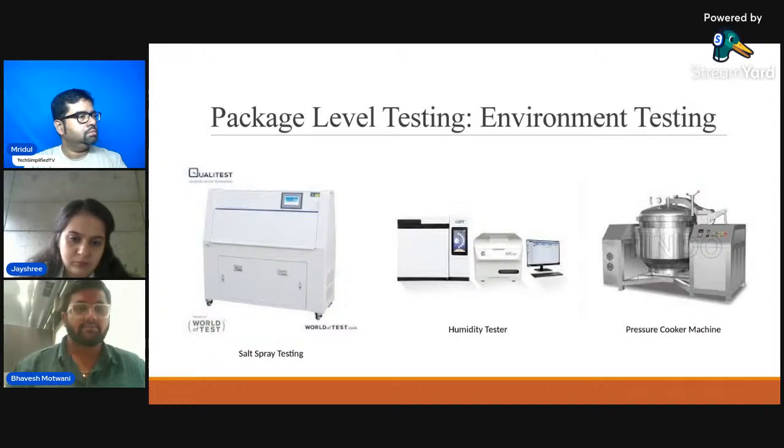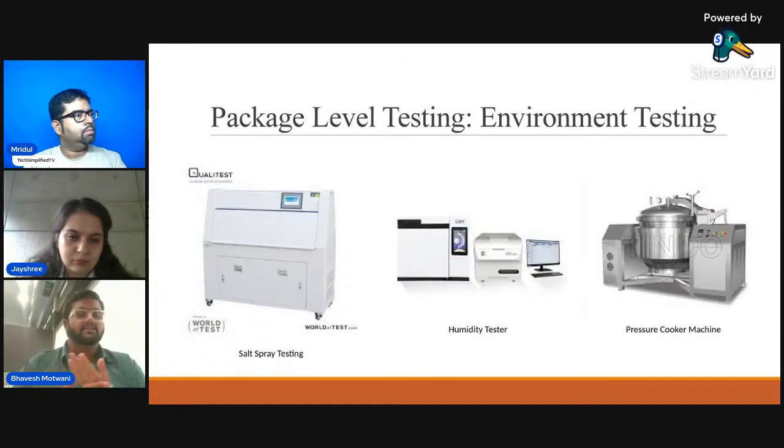Now, environmental testing. While sending our package to some place, we can see different problems. First of all, when a new device comes in, it works properly. But after a few months or a few days, there can be a problem maintaining the package or an IC. So we need to understand how to test it properly.